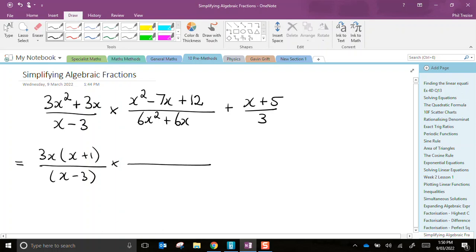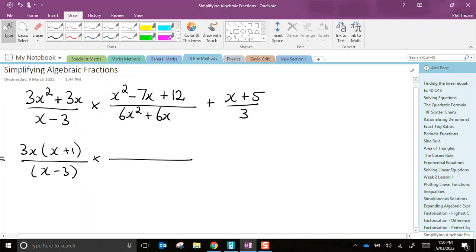The numerator for this one is a quadratic, it's a monic quadratic, so I'll just do my little table. A multiplied by C would be 12 and B equals negative 7. I need to think of numbers that multiply to give 12, so I could go 1 times 12. Now here's a problem. If I add two positive numbers I'll never get a negative number.